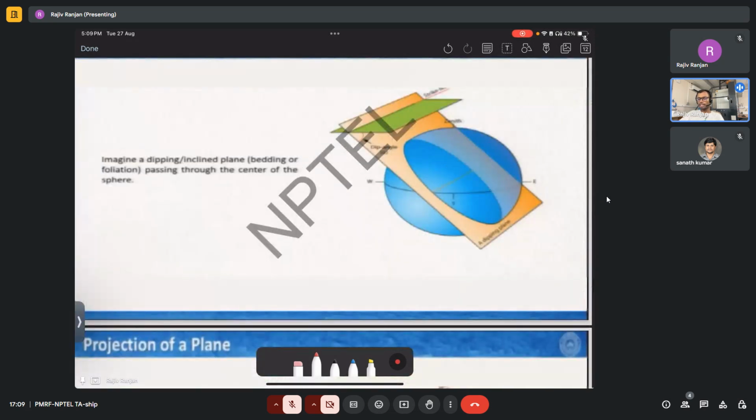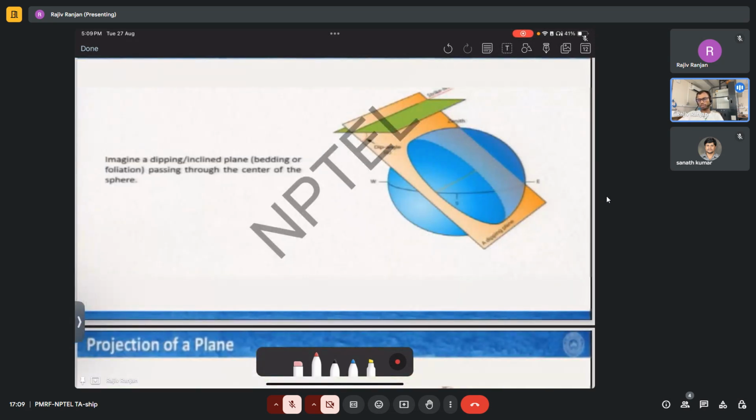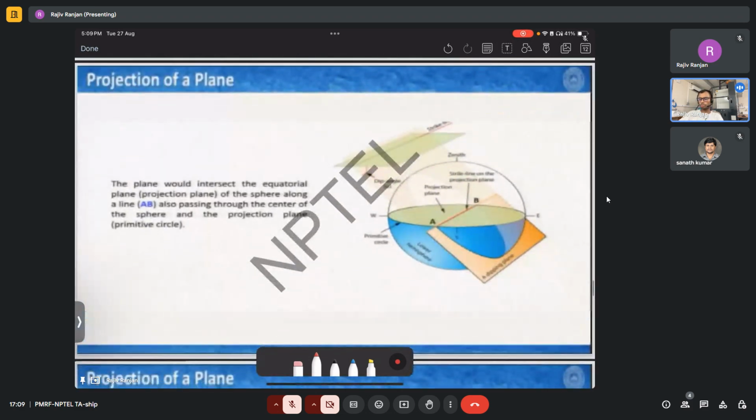Now look at how a plane is projected. Again, we have placed a plane in a sphere. Now the top hemispherical part has been removed, so the remaining part is this. You can see it is intersecting like this.